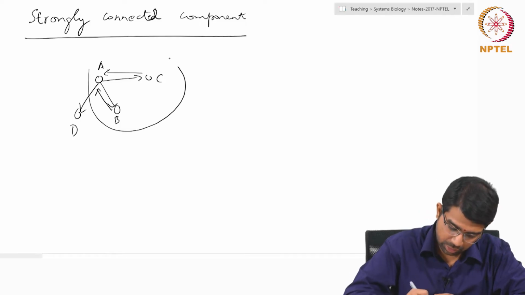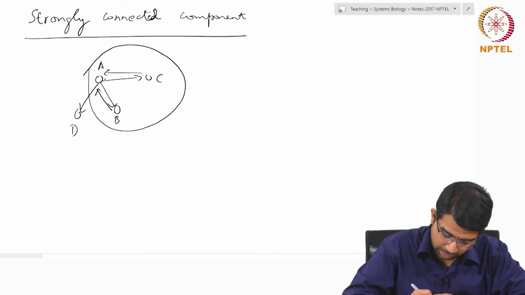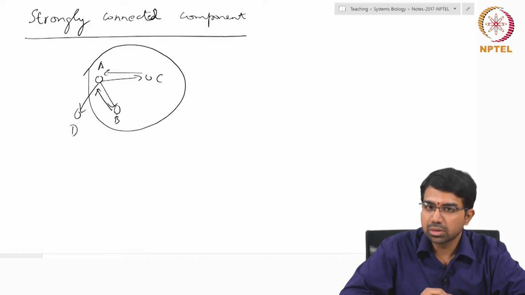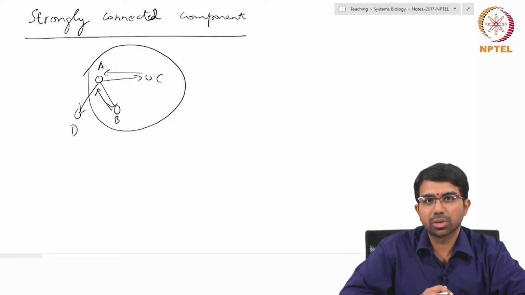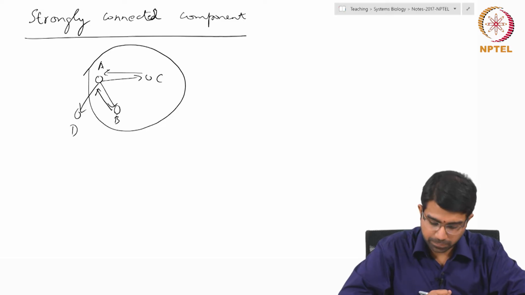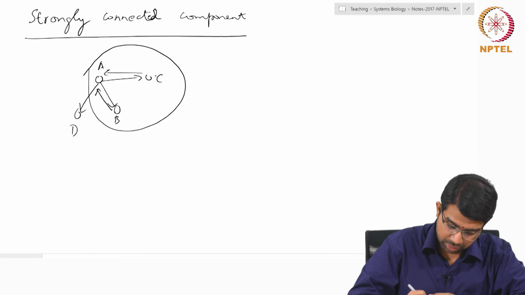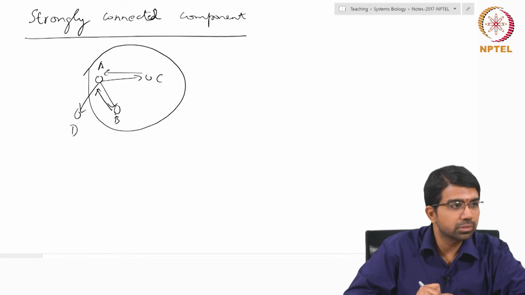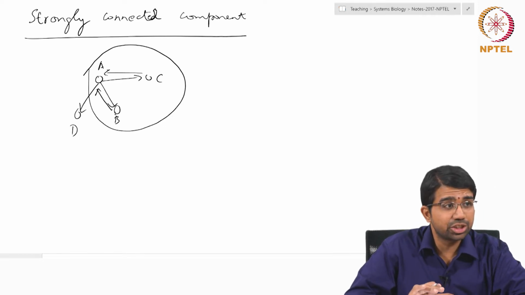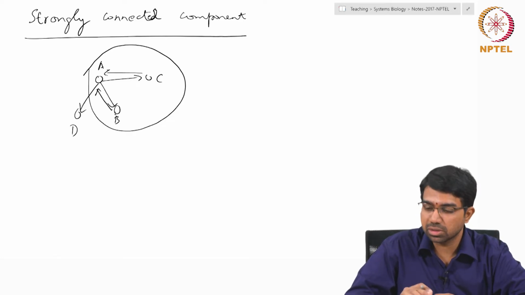ABC would be a strongly connected component because you have a path from A to B, B to A, B to C, C to B, and C to A. There is C to A to B, indirect. So, it is not an edge, it is a path. You are not worried about edges here, but the existence of a path.